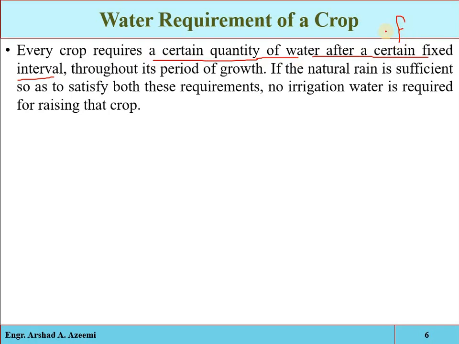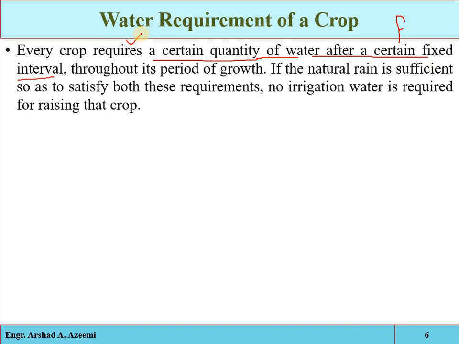Remember, that water will be required when the natural availability of water is insufficient, irregular, or variable. Then we will have to supply water to the agricultural land by some artificial methods.